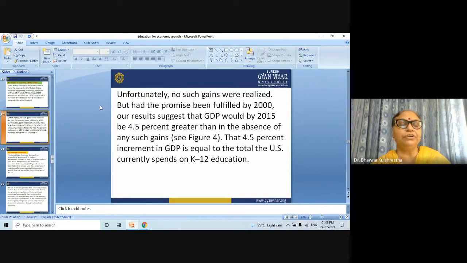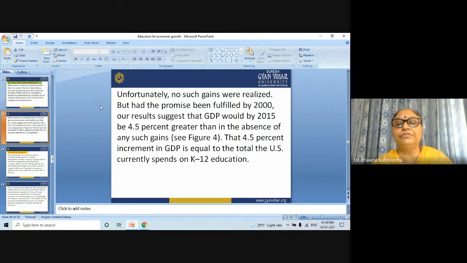Unfortunately, no such gains were realized. But had the promise been fulfilled by 2000, our results suggest that GDP would by 2015 be 4.5% greater than in the absence of any such gains.